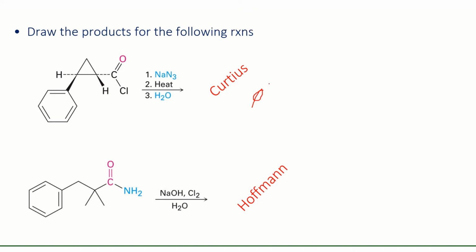So we just go ahead and draw what we see. And of course, this is our acyl chloride, and we can easily use that nucleophile, the addition elimination, i.e. substitution, to give us our azide.